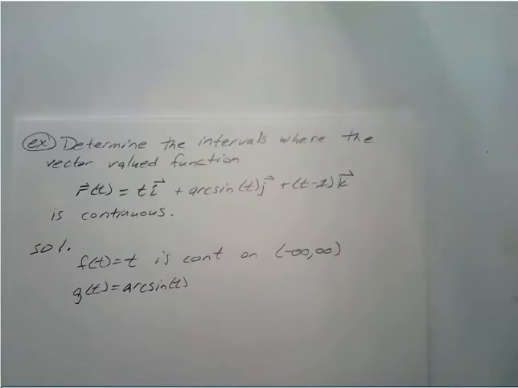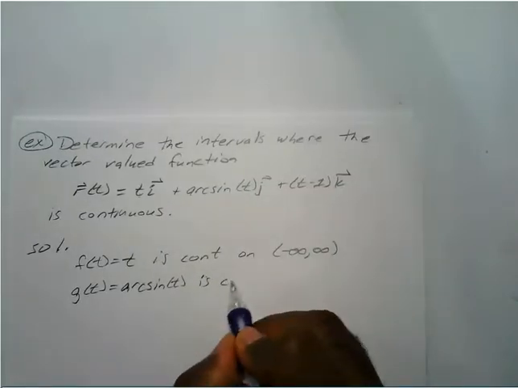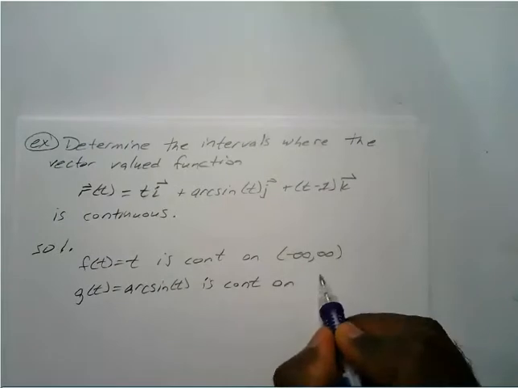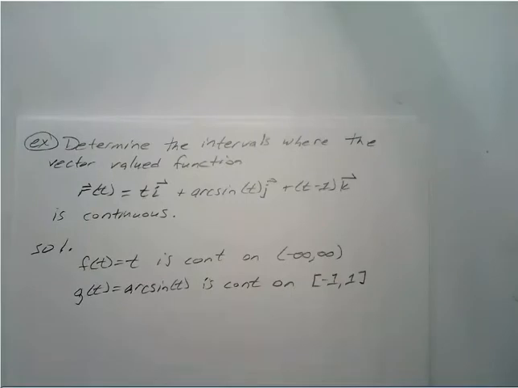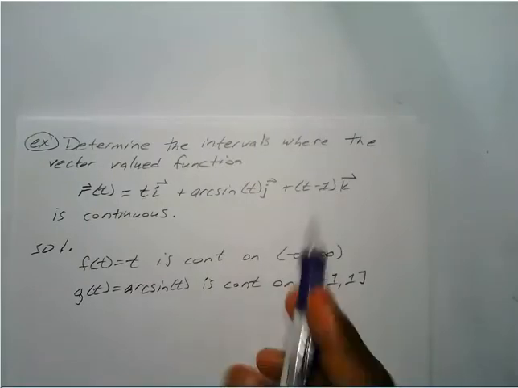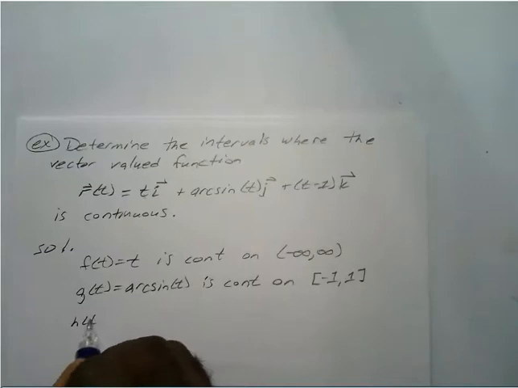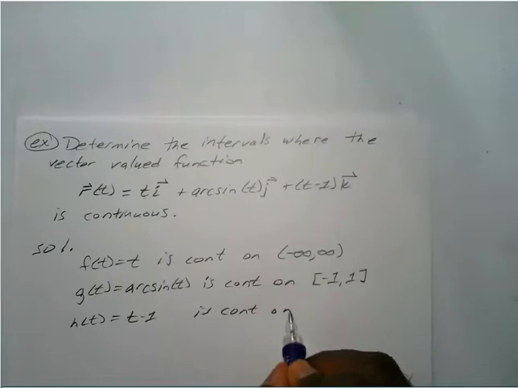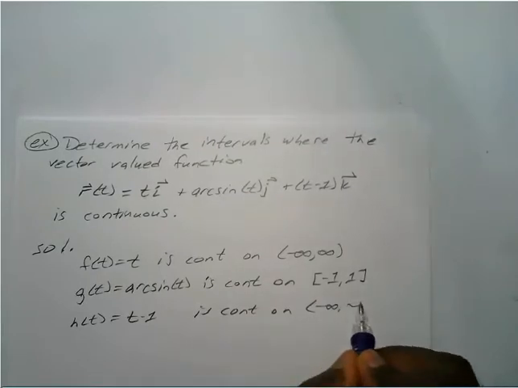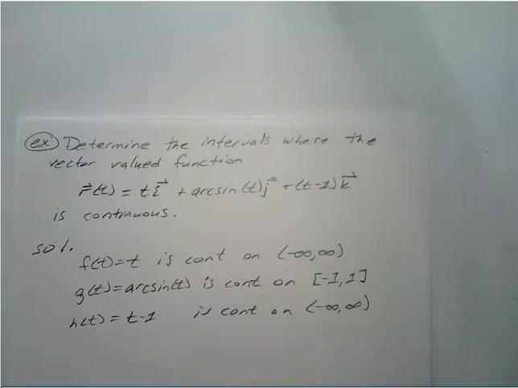If you remember your domain from trig, arcsine has a domain of -1 to 1, so it's continuous on the interval -1 to 1. And of course, t minus 1 is continuous everywhere. So that means the entire thing is only continuous from -1 to 1.